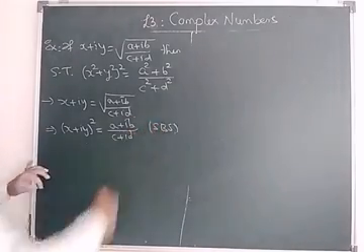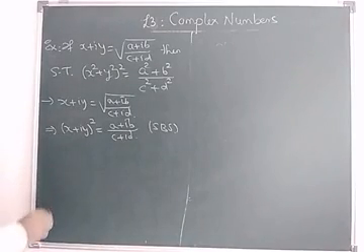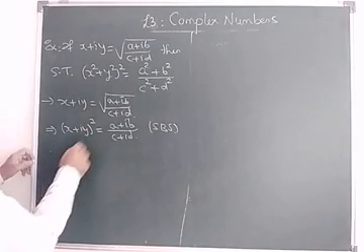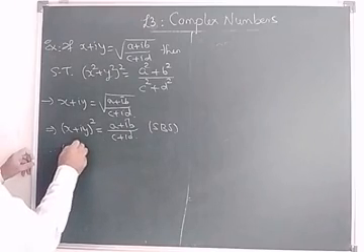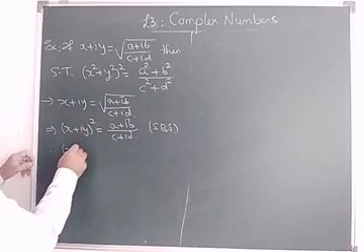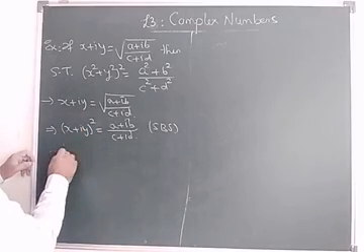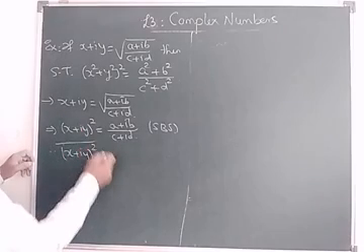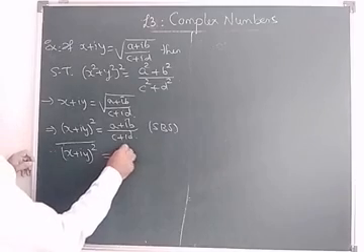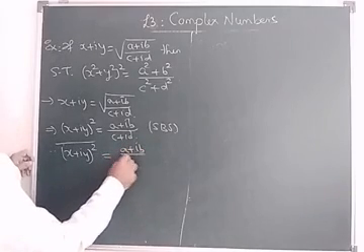Squaring both sides, we get this. Therefore, taking its complex conjugate, the conjugate of (x plus iy) whole square is nothing but the conjugate of (a plus ib) upon (c plus id).